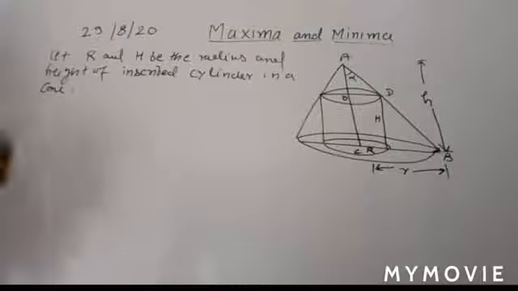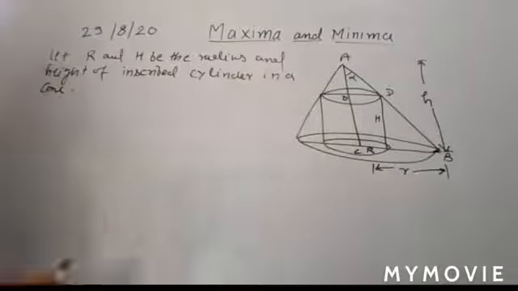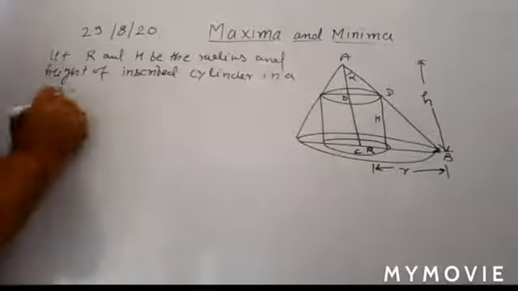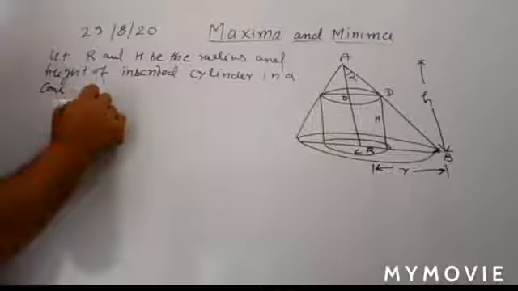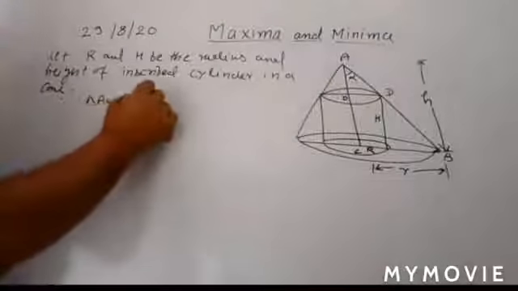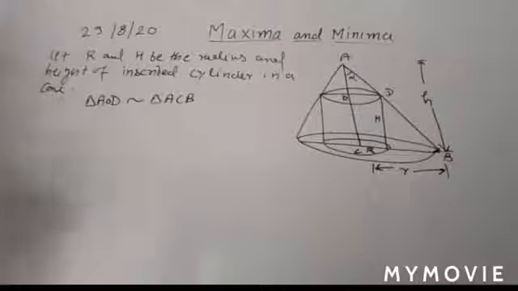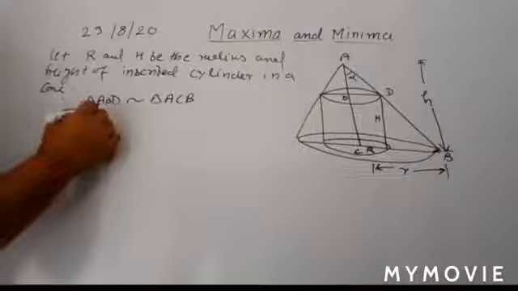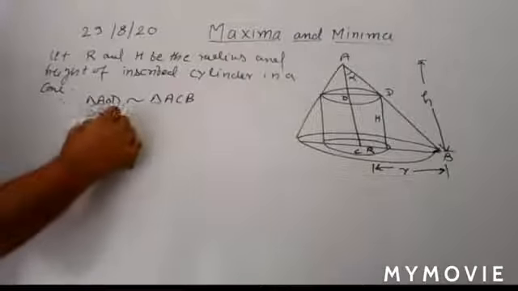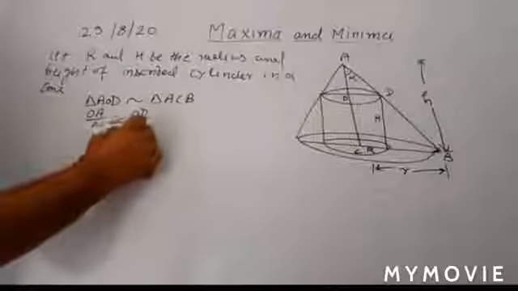Okay, so here you want to find the relation. In the same way, you have triangle AOD similar to triangle ACB. So these two triangles are similar. So you have OA upon AC is equal to OD upon BC.